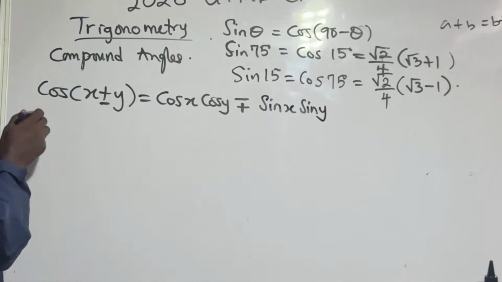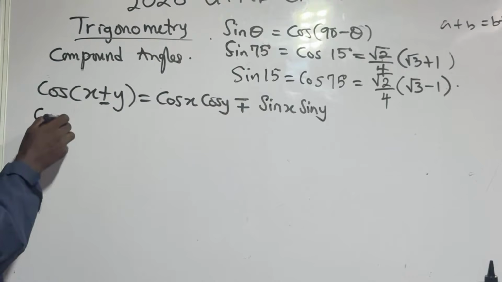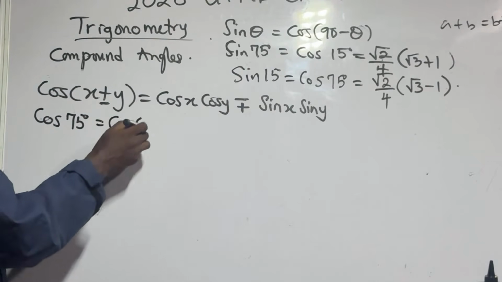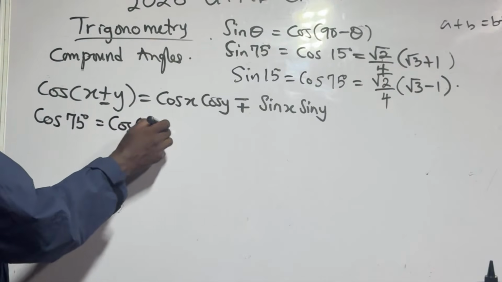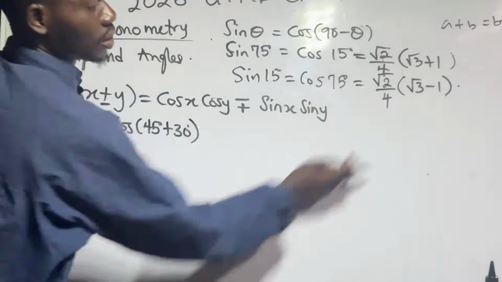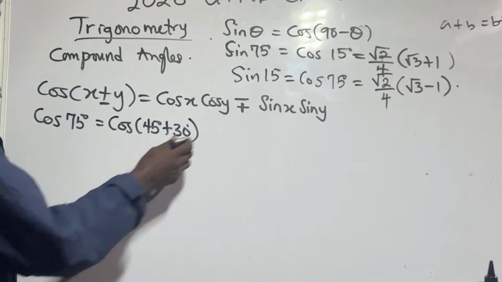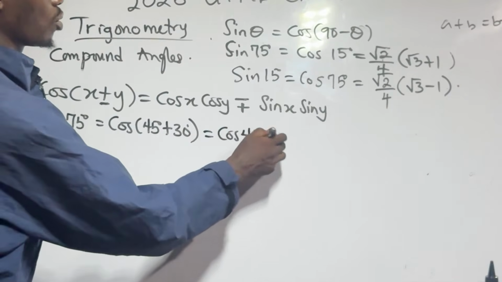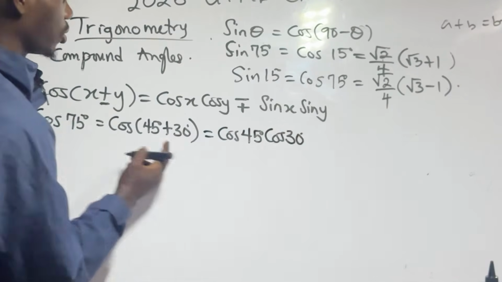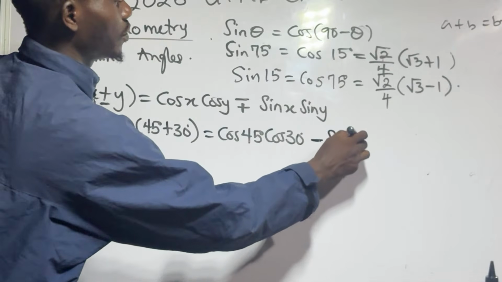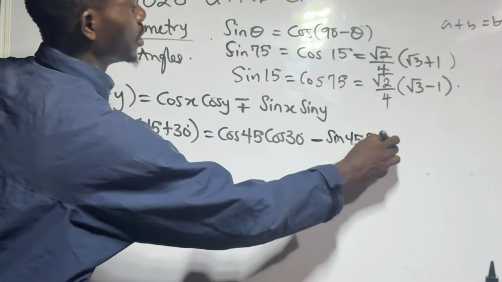You get that now? So we have to find cos 75. Cos 75 should be 45 plus 30. No, we already know cos 75 already. Yes. So let's try this and see. Let's check what we get. Cos cos, so cos 45 cos 30. I told you it is minus sine 45 sine 30.